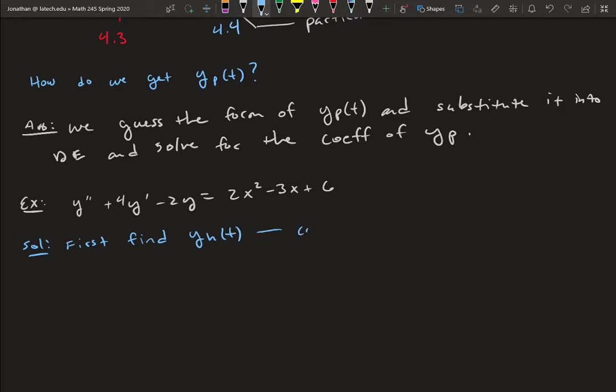So that's the corresponding solution to the homogeneous equation. That would be y double prime plus 4y prime minus 2y equals 0.